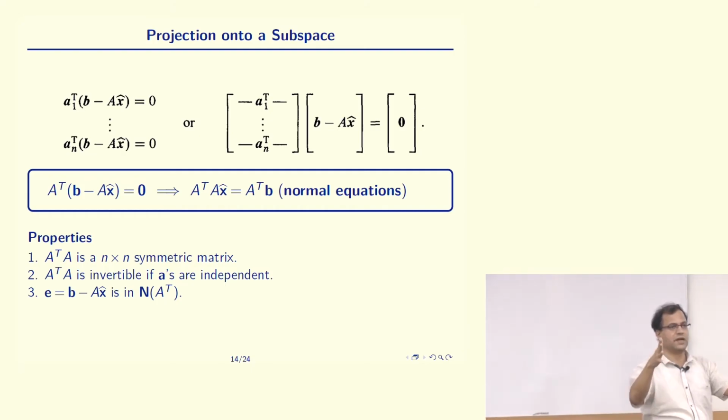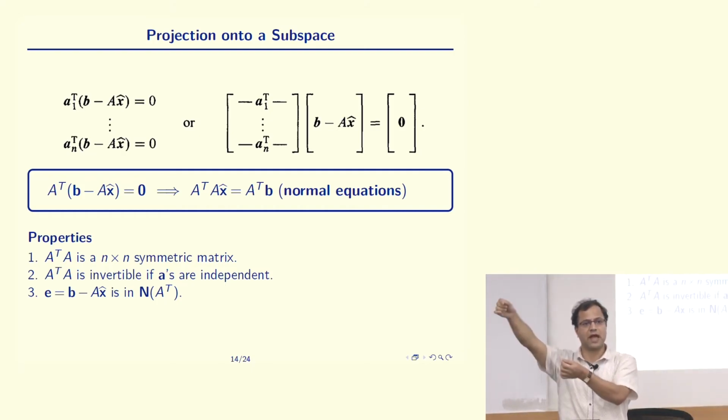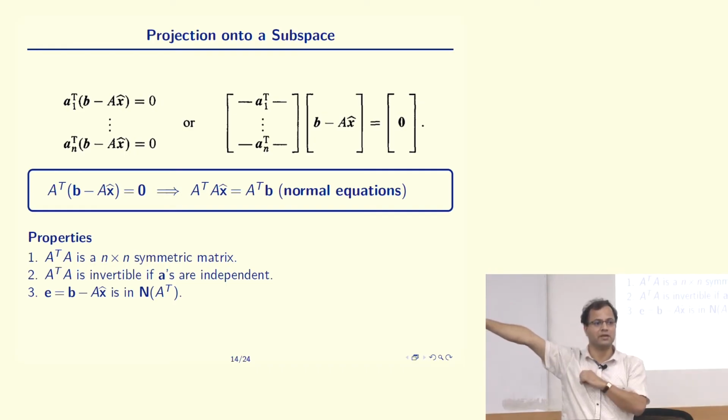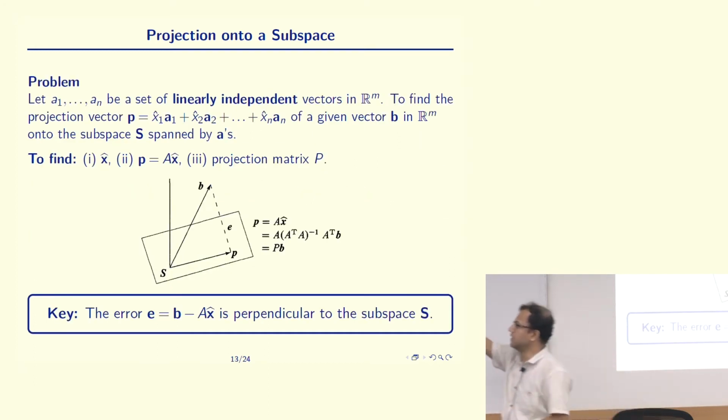Given any system of equations, say Ax is equal to b, if b is not lying in the column space, you multiply by A transpose on both sides and you solve that system. Provided the column vectors of A are independent, you can find the x cap. So x cap is giving you the projection vector P.